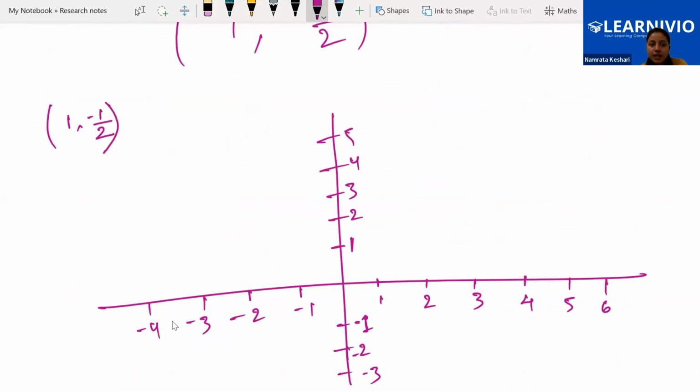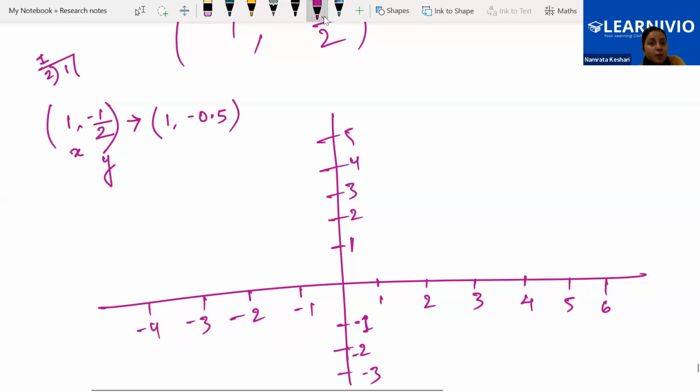So x is 1 and y is -1/2. When we do the division, 1/2 means half, and half means 0.5. So to represent it on graph paper, the first one is 1 and the other one is -0.5. x is +1. Obviously it is the fourth quadrant, because y is negative and we have to go down.